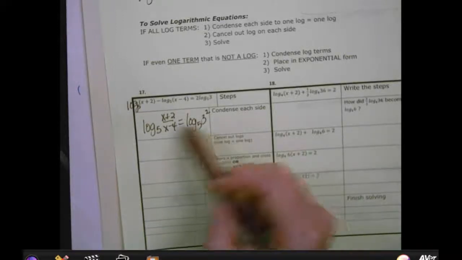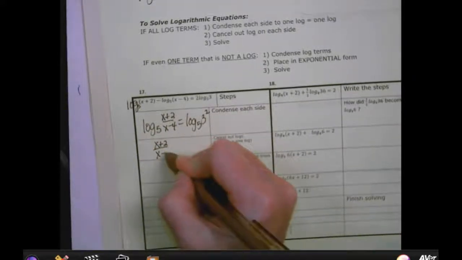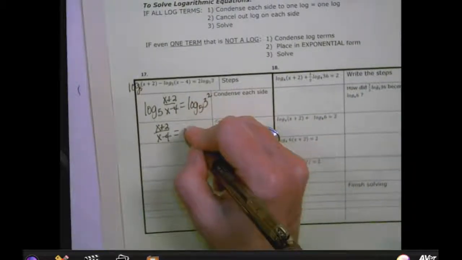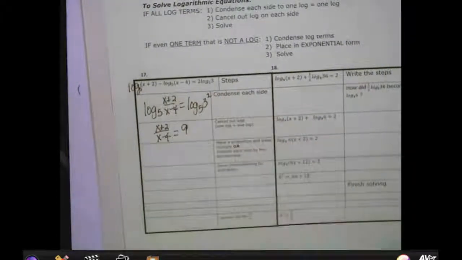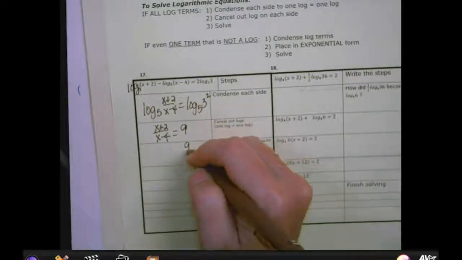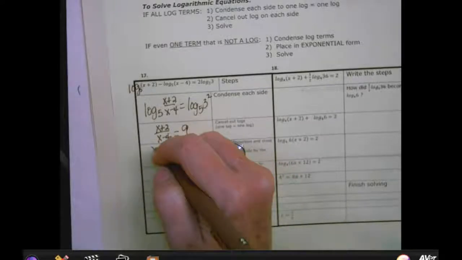So now we have 1 log on each side. So I'm going to have x plus 2 over x minus 4, and that's going to equal 3 squared, which is 9, and put a 1 under the 9. So I can cross multiply.